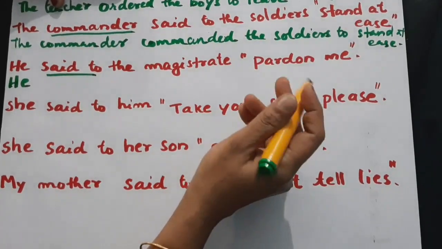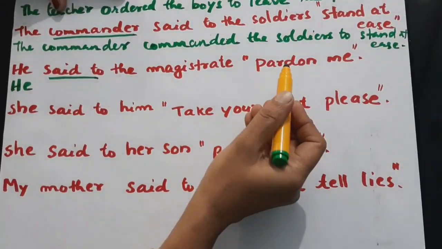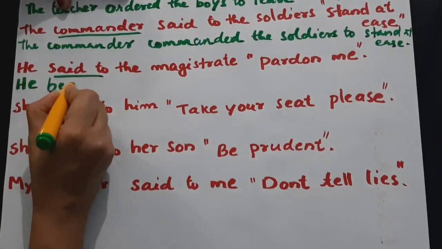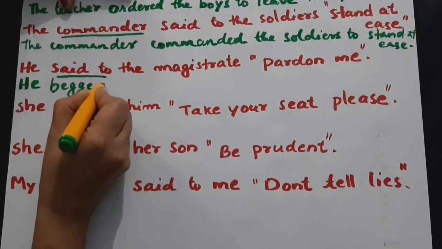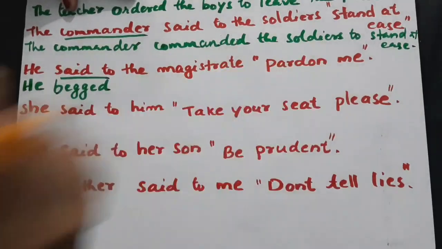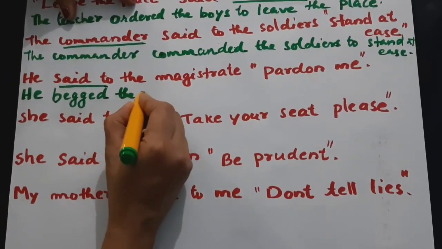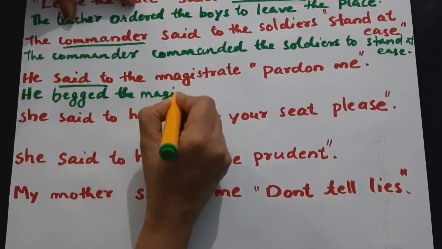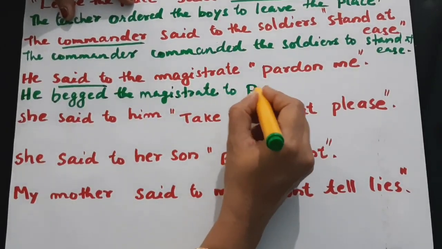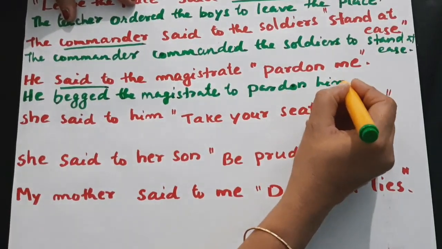So that it is one degree above request. So that here you can even use he begged instead of requested. Okay, here I choose begged instead of requested since it is an earnest request. So will you write? He begged the magistrate to pardon him. Okay, that is it.